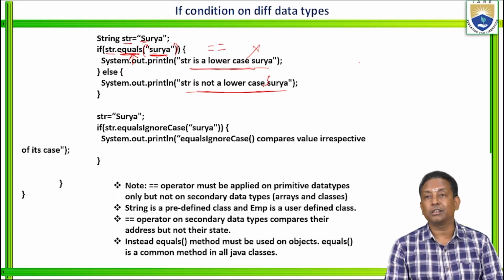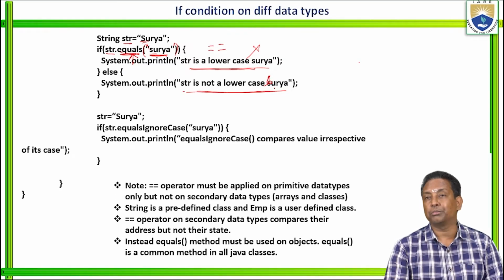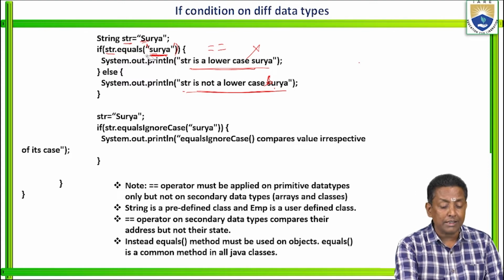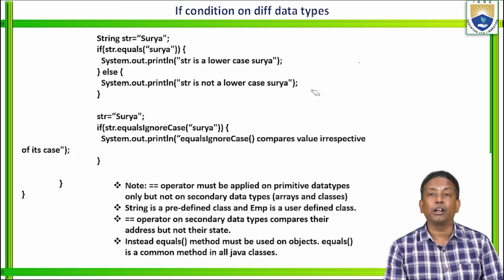I'm sorry, S should be written capital. The equals method compares two strings exactly, including their cases. Not only the string but also its case must be the same, and only then will the equals method return true.